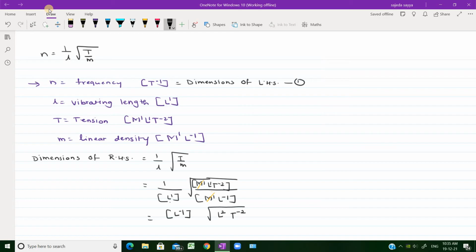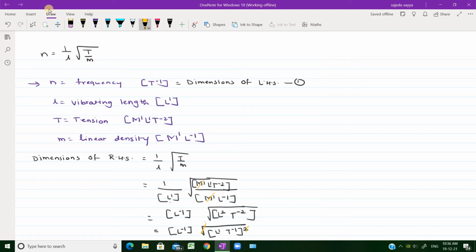Taking it out of the square root, the dimensions of RHS will become L raised to minus 1 square root. I will write one more step for it, that is L1 T raised to minus 1 the bracket raised to 2.